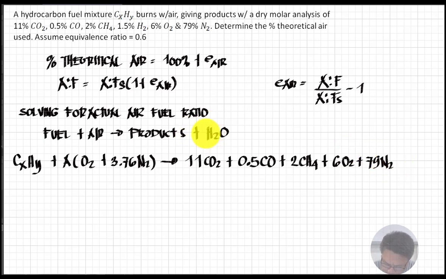Then we're going to add your H2O here. Since we do not know the value of the H2O, I'm going to write here unknown letter D for our H2O.